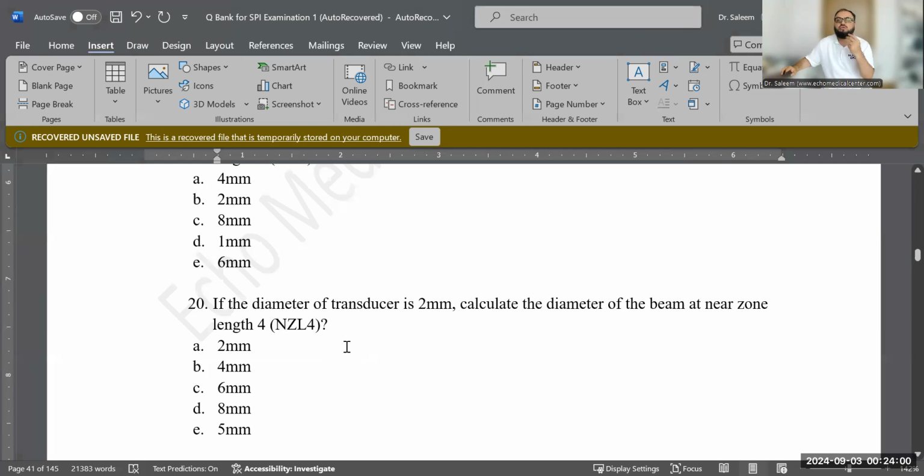So it will be 2 times the diameter of the transducer. So we can say 2 times 2 is 4 millimeter, and B will be the correct answer. Correct? For NZL5, it will be 2 and a half times, and for NZL6, it will be 3 times the transducer. So that's the formula.